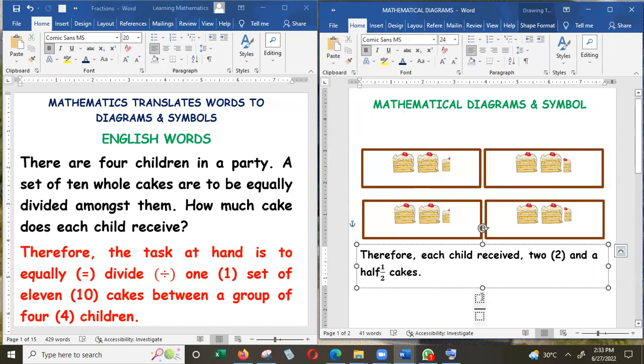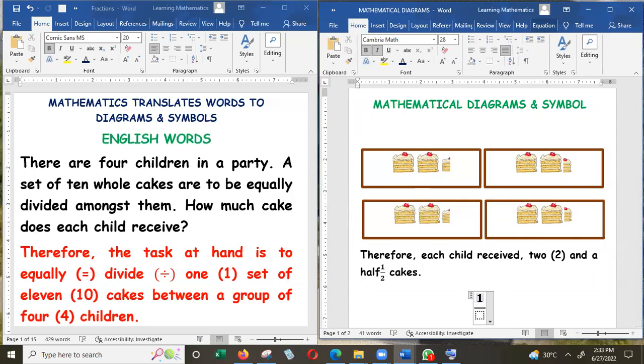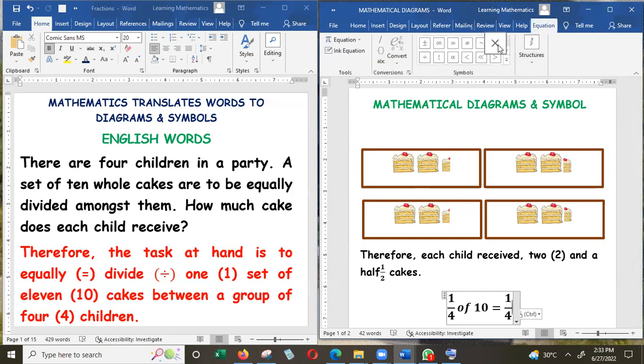So we can clearly say 1/4 represents 1/4 of 10, which is the same as 1/4 times 10, because the mathematical symbol for the word of in fractions is times. 1/4 times 10 is equal to 2.5.